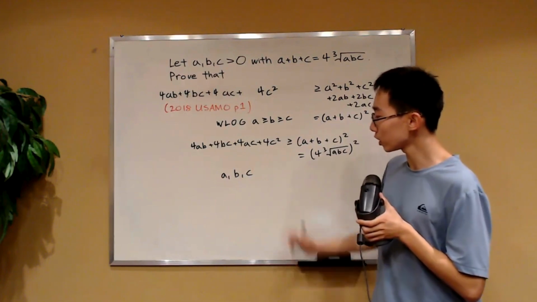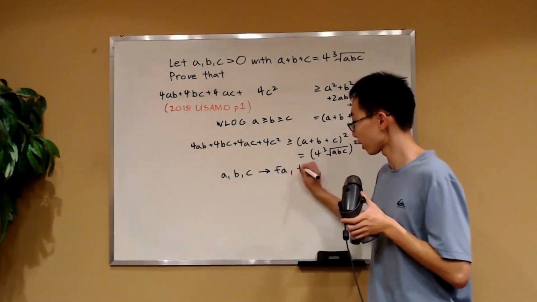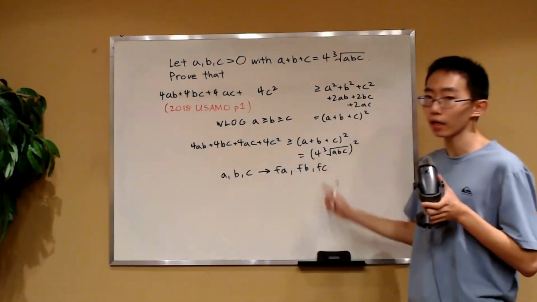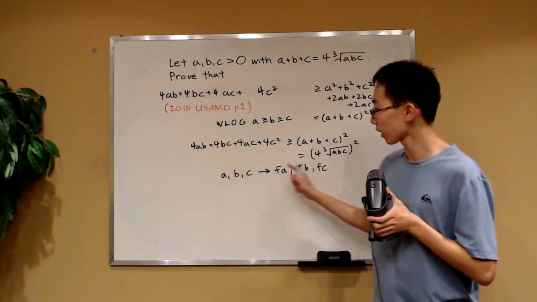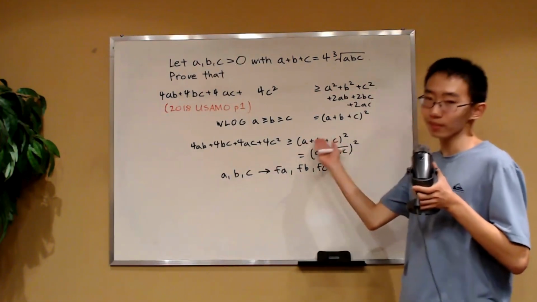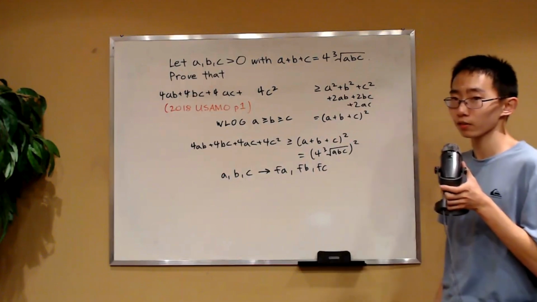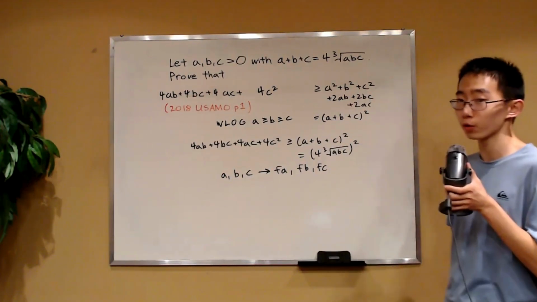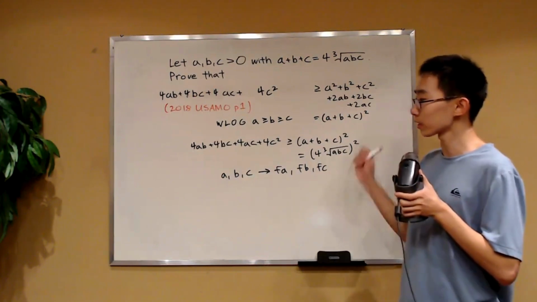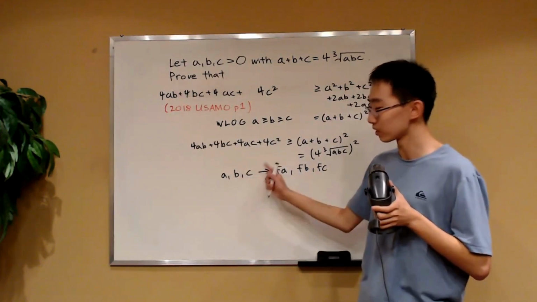If you were to scale each of a, b, and c by some factor f, where f is positive, so you substitute a with fa, b with fb, and c with fc into this inequality, you will notice that it is possible to cancel out an f squared on both sides of the inequality. And when you cancel those f squares out, you will realize that the inequality looks no different from if you just plugged in a, b, and c.